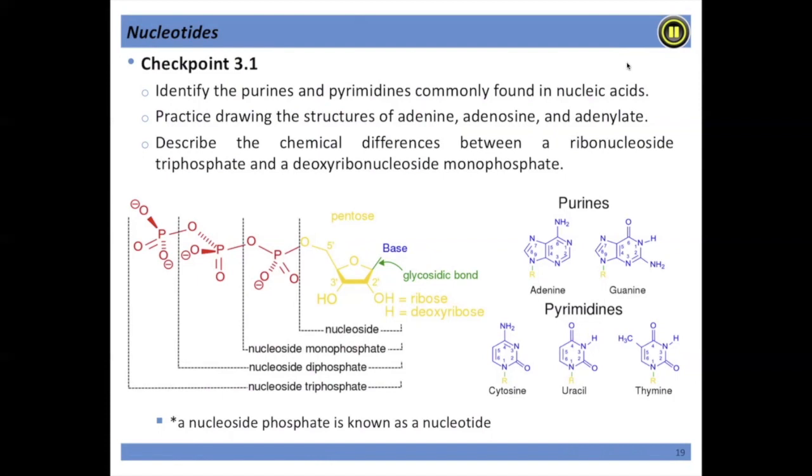And when it says that checkpoint, that means in general, you should be able to specifically do that, but you should be able to do it for a deoxyribonucleoside diphosphate and a ribonucleoside triphosphate. So it doesn't mean just be able to do that. It means if you can do that third point there, you should be able to do all other possible combinations.